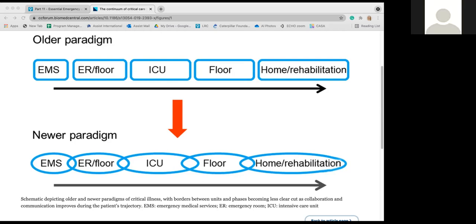Jean-Paul, I have a quick comment. My way to see this, I think of critical care as a continuum. So you can provide critical care anywhere, from pre-hospital, EMS, at the emergency, the ER, in ICU, in the ward, and then at home in the rehabilitation.